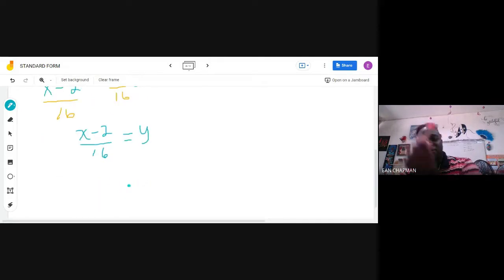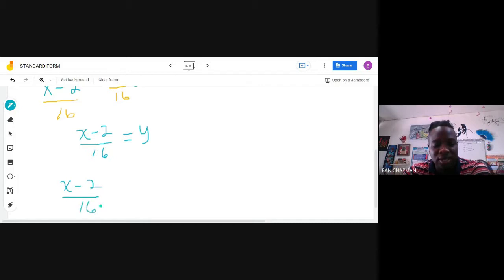And then for the final step, to make it look nice, we just convert the y back into f of x. So x minus 2 over 16 is equal to f minus 1 of x. So anytime you see this negative 1 power here, we know that you are referring to our inverse.